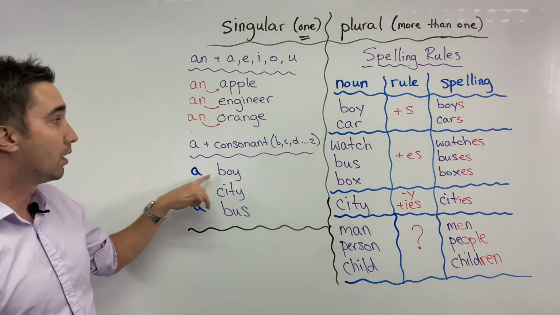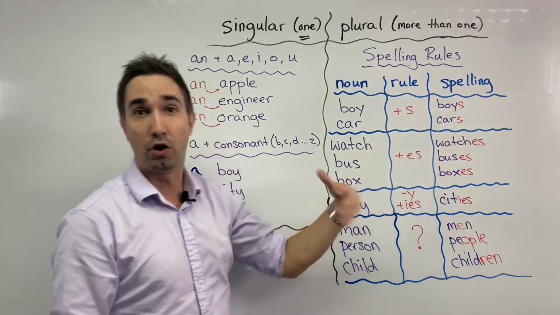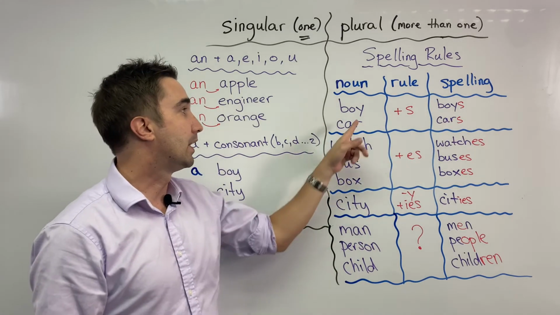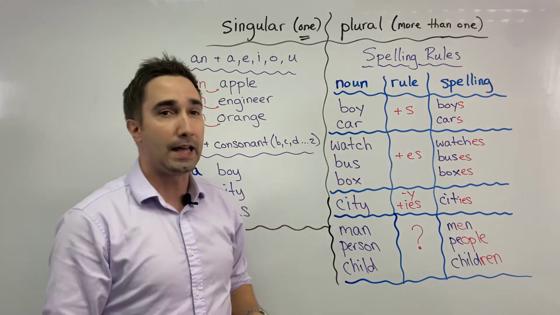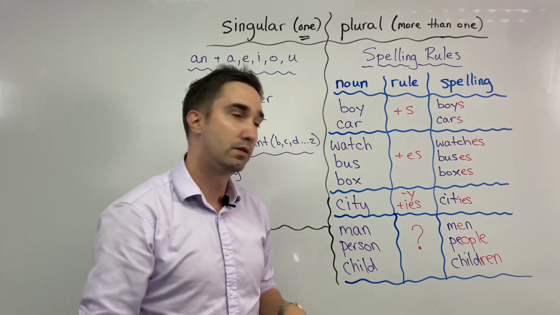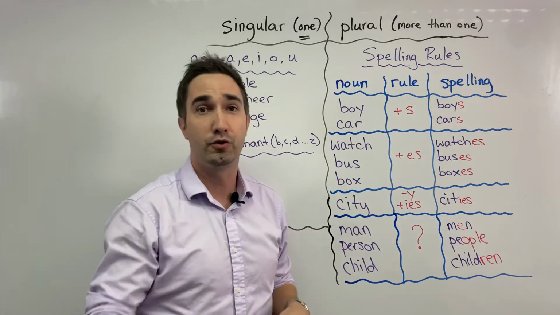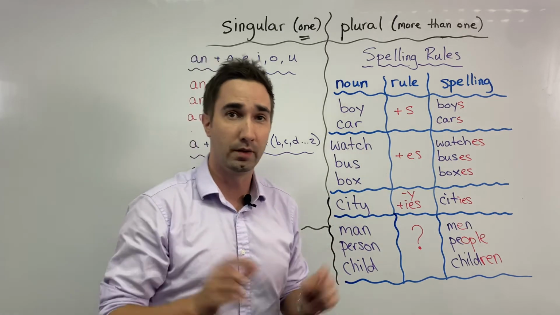We would say a boy, but we would say boys. And all we have to do with a noun that ends in Y, we add S. So boy, boys. Right? I have two boys. Okay, car, cars. Okay, I don't have two cars. Cars are expensive here.